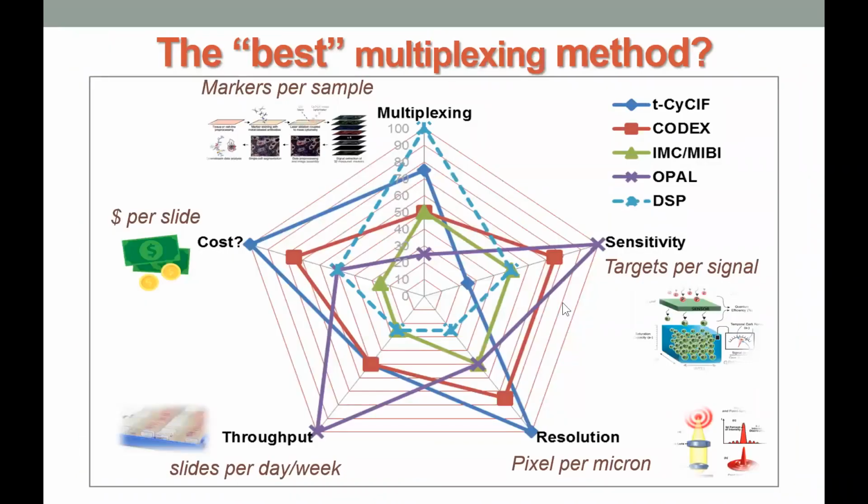So this is kind of my thinking of what criteria you try to keep in mind when you try to do tissue multiplex imaging. There are several points you need to consider if you want to do high multiplex tissue imaging. The first thing is how many markers you aim for.